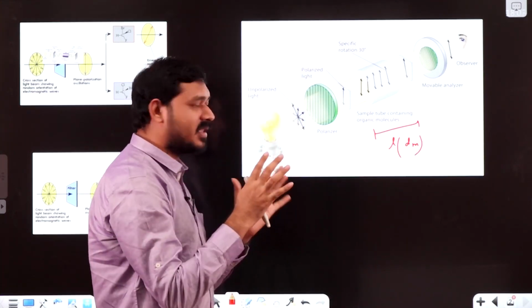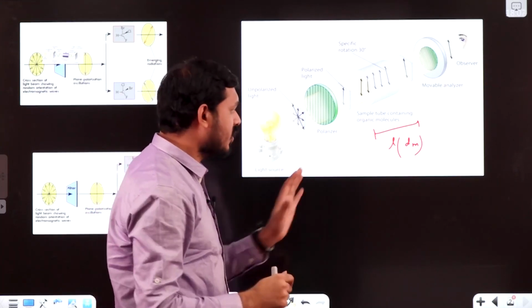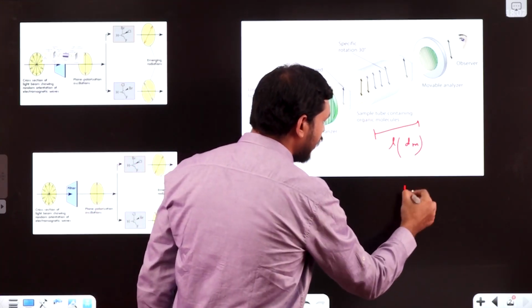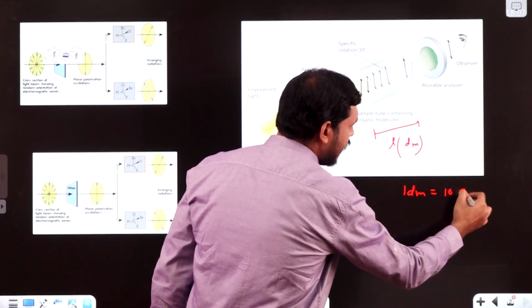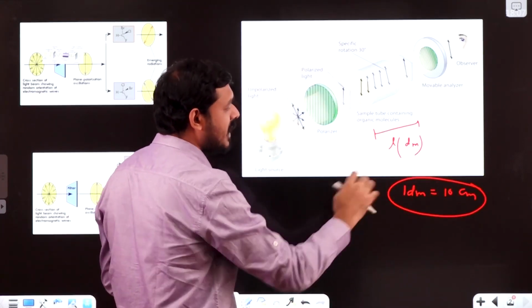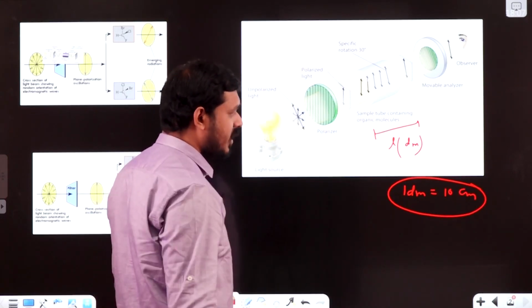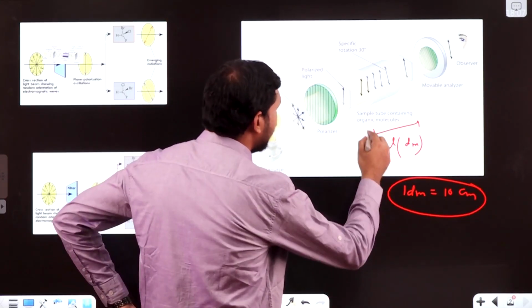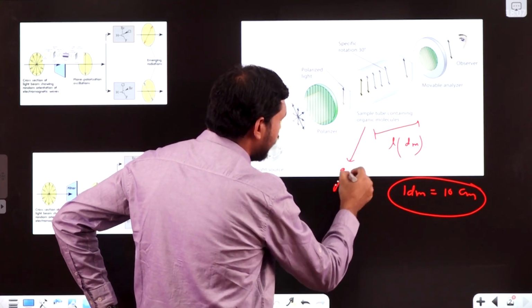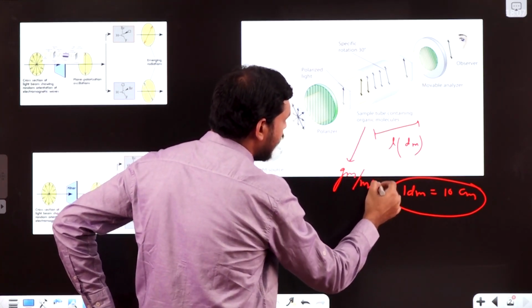So this length of tube is in decimeter. We know 1 decimeter equals 10 centimeter. Decimeter is simply 1/10 of a meter. Now the solution of organic compound has a concentration in gram per ml.